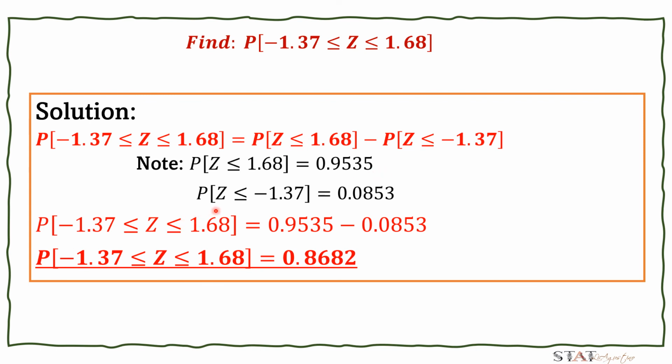And the probability of z less than or equal to negative 1.37 is equal to 0.0853. So now, having these values and following the case 3 guide on finding the probabilities, the probability of the z value between negative 1.37 and 1.68 is equal to 0.9535 minus 0.0853 is equal to 0.8682.